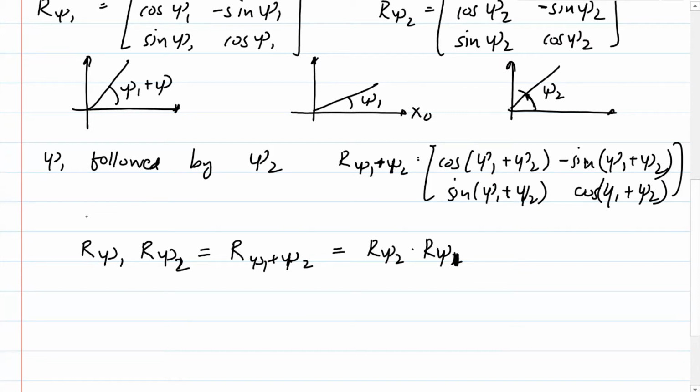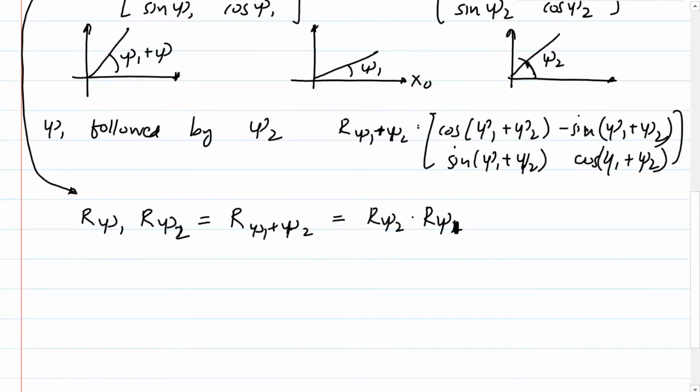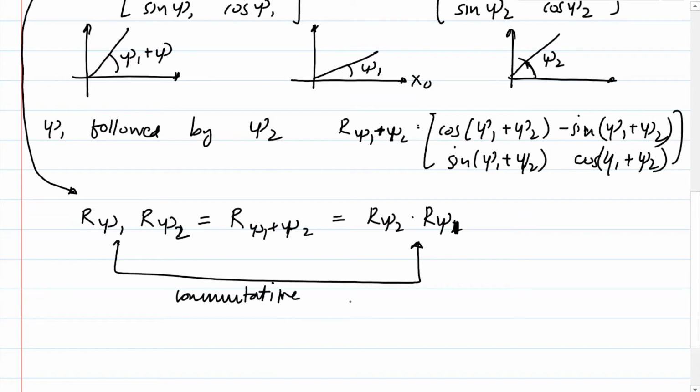So you can take these R matrices and multiply them, and you will see that it boils down to psi 1 plus psi 2. This is what is meant by being commutative. It's basically saying A times B is the same as B times A. So R psi 1 times R psi 2 equals R psi 2 times R psi 1. So that's true for 2 dimensions.